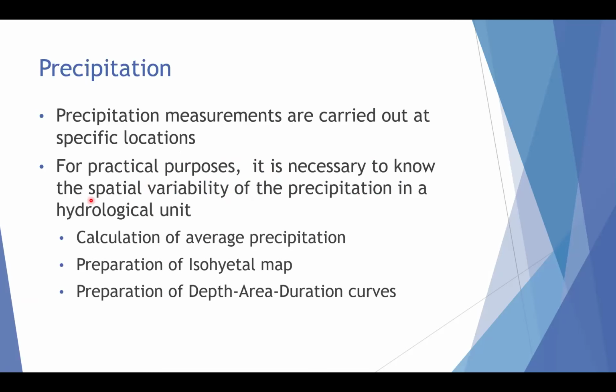If you want to know the spatial variability in the hydrological unit, you have to calculate the average precipitation. Let us say you want to prepare isohyetal maps, or depth, area, duration curves. I'm just going to discuss how GIS is going to help you in this.